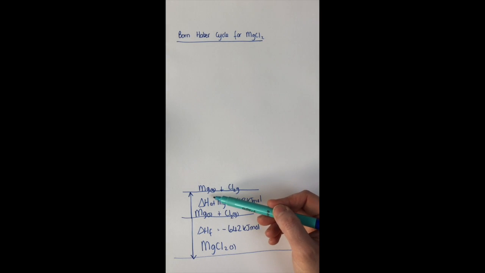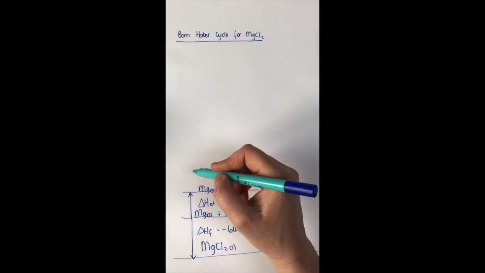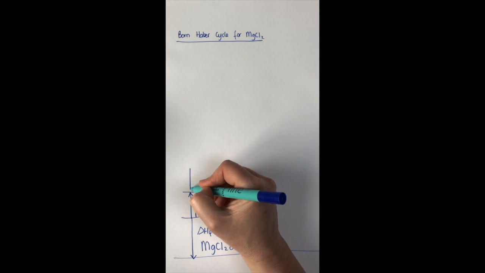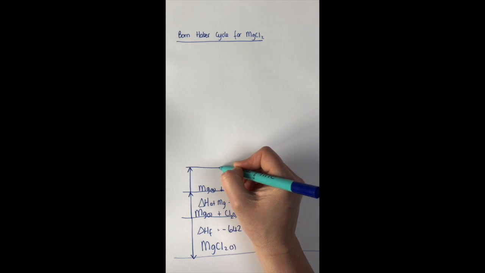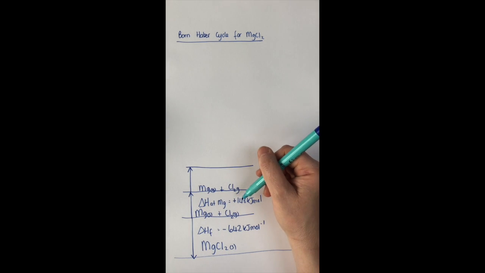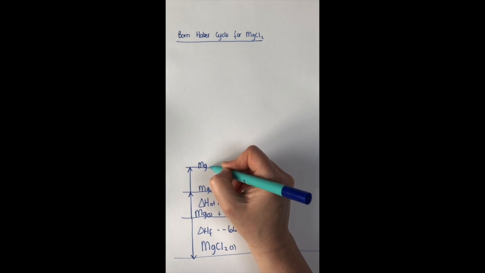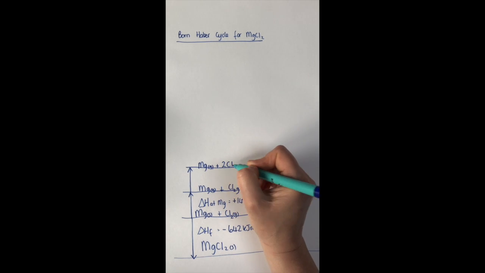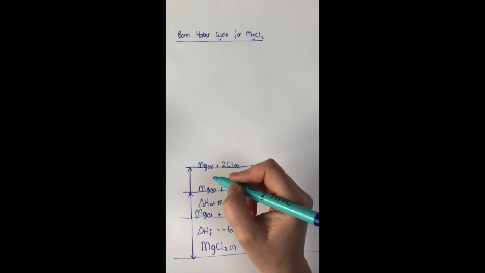Right, as we start to build this Born Haber cycle, we've started off with the magnesium, we've now atomized it. So the next thing to do is to atomize the chlorine gas. So what we've got is 1 magnesium and chlorine. That's 2 atoms of chlorine, so we've got to be careful here. So let's draw our arrow up because we want to atomize that chlorine gas into its atoms. So we'll have magnesium gaseous plus 2 chlorine atoms.